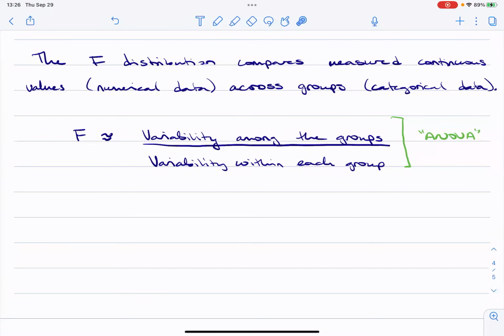So if you're imagining side-by-side box plots, which is usually where we start with these things, if the box plots are all nice and tight, but they're all kind of spaced like this, and there's clear distinction, well, overall, there's lots of variability among the groups, right? Some are down here, some are up here, right? So total variability among the groups is large. But then if I take into account the spread within each group, if it's small, then all of a sudden I get a large F statistic, right?